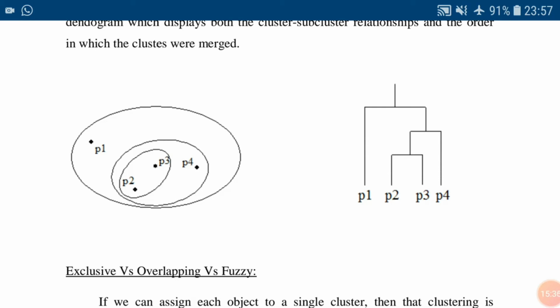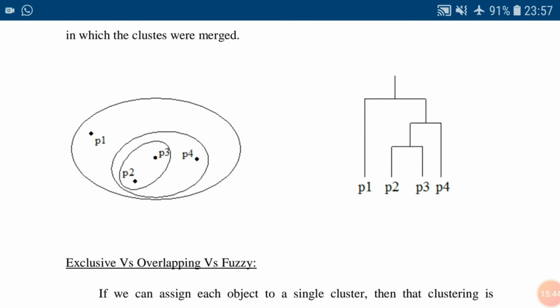So P2, P3 are related to cluster A. Then P4 is cluster B. Next P1, and again P4 and P3, P2 also are included. Cluster A consists of P2, P3 elements only. Cluster B consists of P4, P3 and P2.